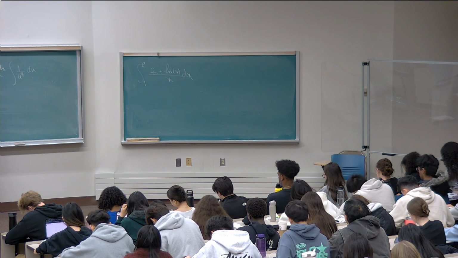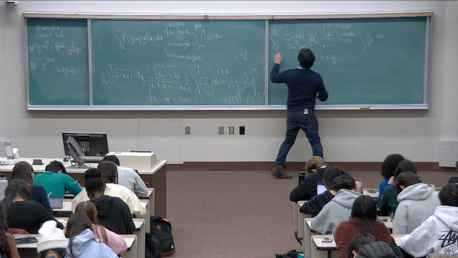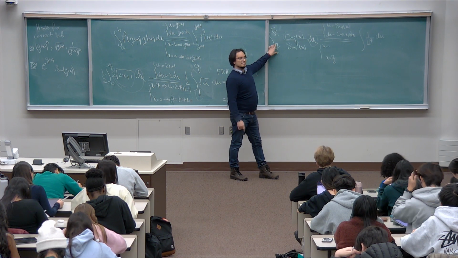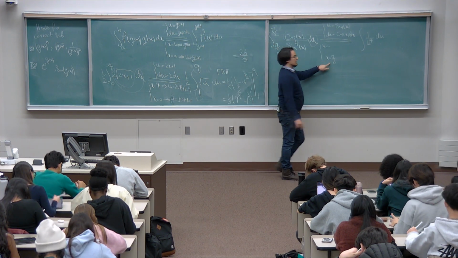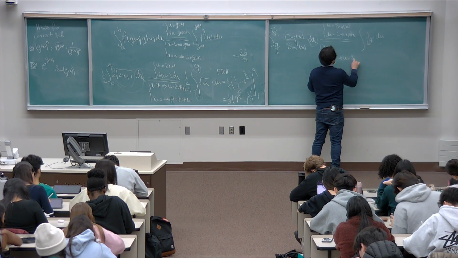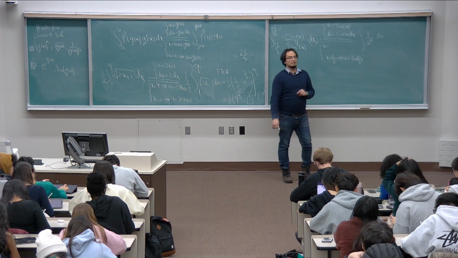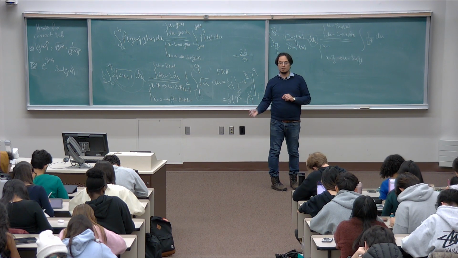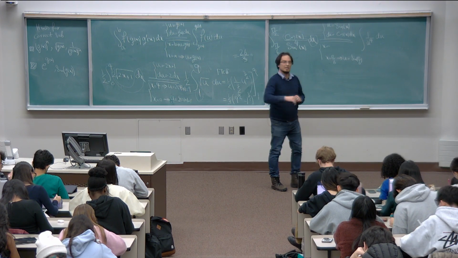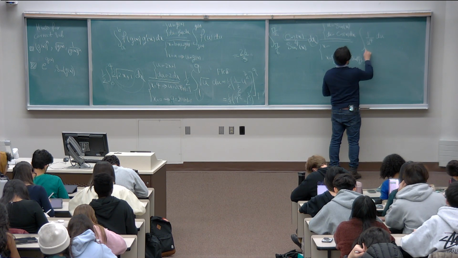In other words, I should start... lower limit in x integral is pi over 6. That will give me what is the lower limit in u integral? By plugging in pi over 6 into sine x, which is half.